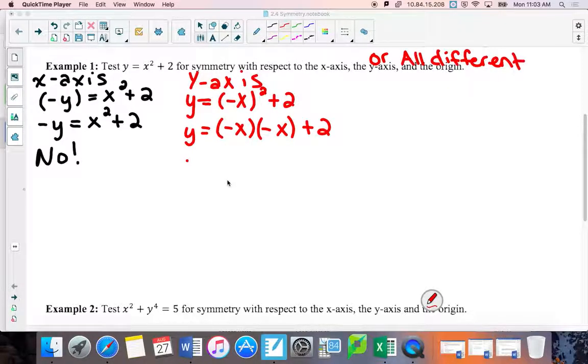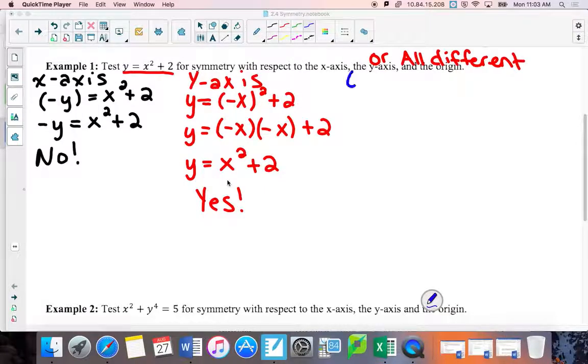Now if I actually multiply that, that's going to give me a positive x squared plus 2. That is exactly the same as our original equation up here. Everything's identical, so yes, this parabola is symmetric to the y-axis. We could put a line at the y-axis, fold over it, and everything would lie on top of each other.